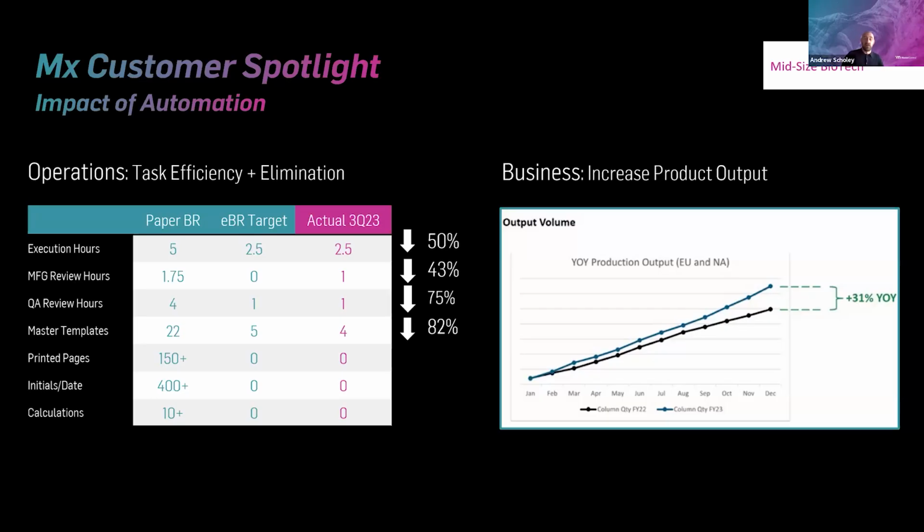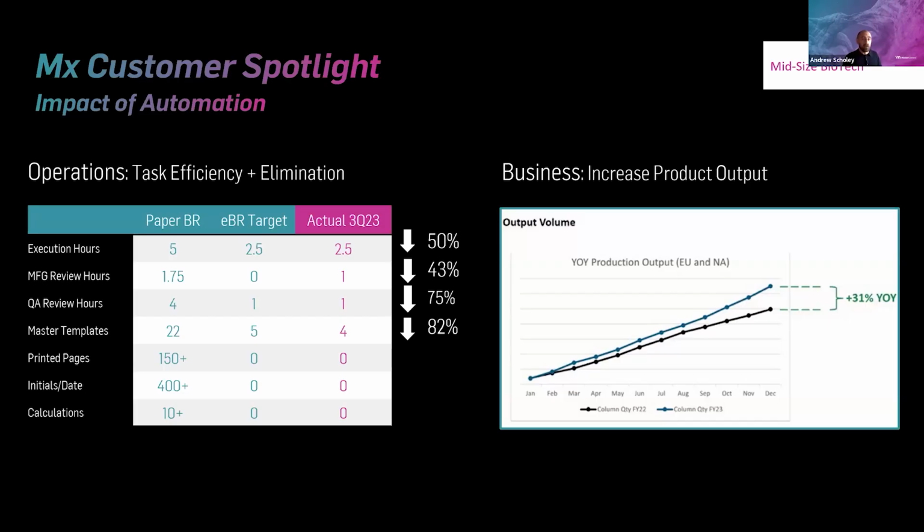You can see that the time they're spending in execution of this documentation has been reduced by half. Things like QA review times as well, reduced by up to 75%. Something that used to take them 4 hours, clicking through page by page, line by line, finding errors, having to find the individual that might be responsible and ask them questions, has been reduced by three quarters simply by using a review by exception model that George is going to show you in just a moment.